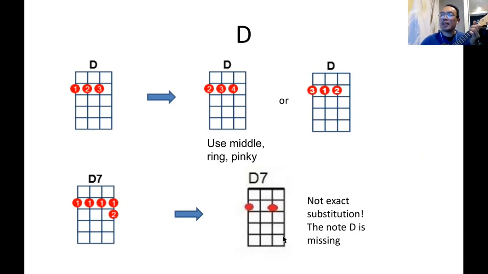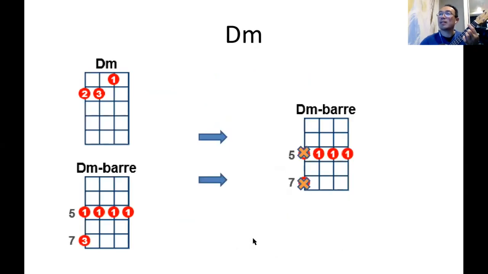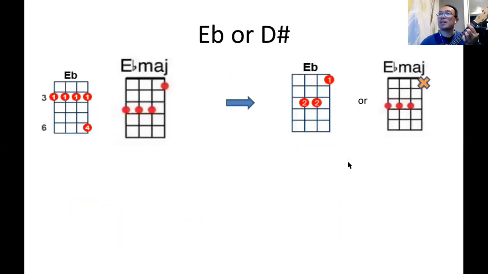Okay. D7, like I said, is not a perfect substitute, but it's so much easier compared to the original one. D minor, the bar version, by omitting that G string always works easier. E flat. These are the two originals that you normally do, but we have a nice easy one.